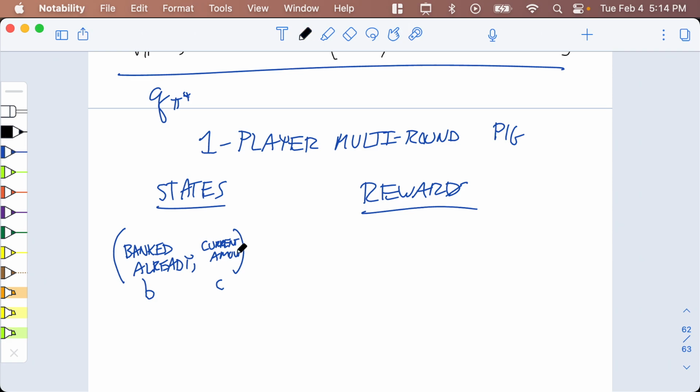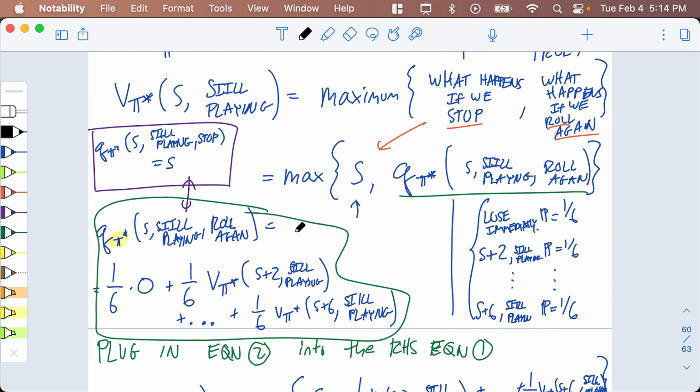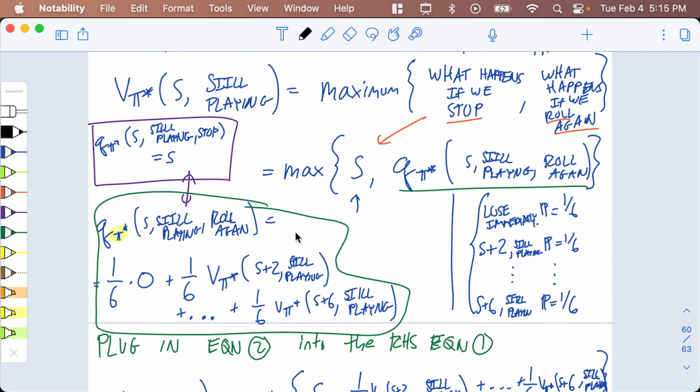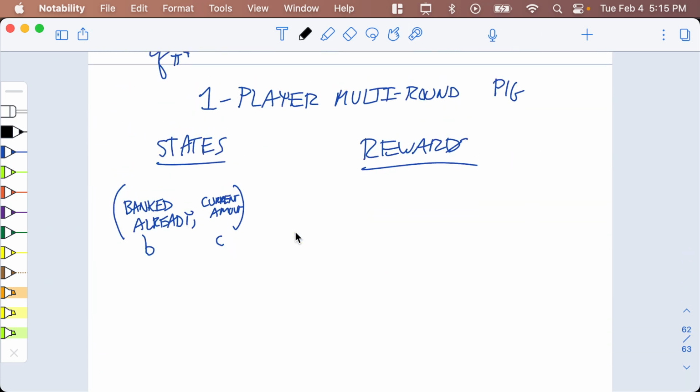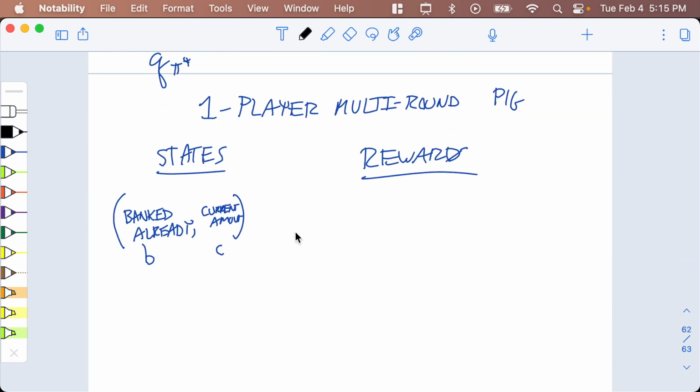I guess technically you should add like times still rolling, as you saw kind of before. If you think about things the right way, and you think of the stopping as a terminal state, then you can sort of pretend that everything is still rolling, still playing. So let's say this is still rolling. If you want, we can add a special state over here that's like the done state. We can add that as well.